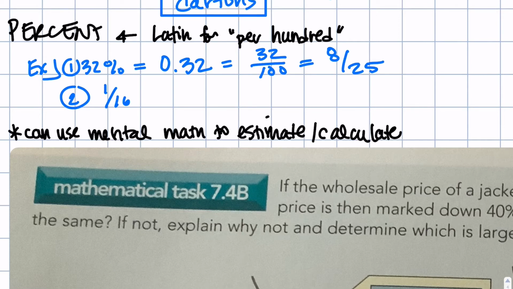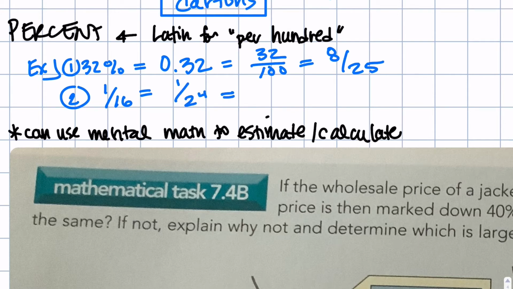So if I were doing the opposite and writing 1/16 as a percentage, well, I'd want to turn this into something involving hundreds. I'm starting with a fraction and I want to turn it into a percentage. Just like I would with a decimal, I'd want to turn the denominator into powers of ten. This is the same thing as 1 over 2 to the fourth.